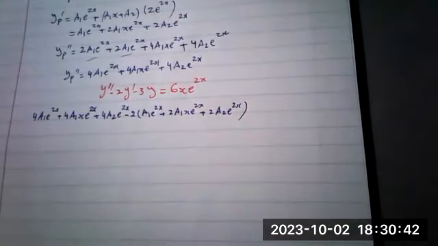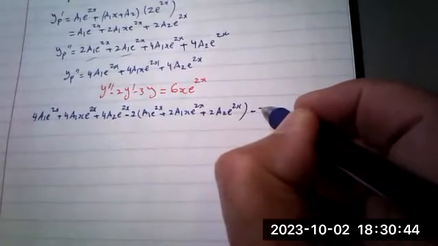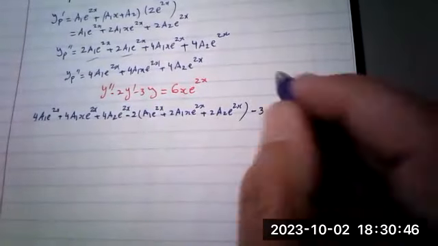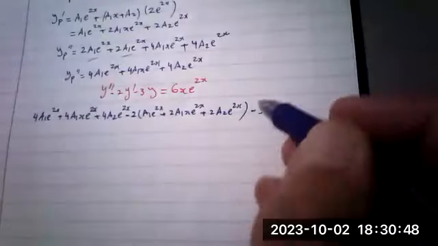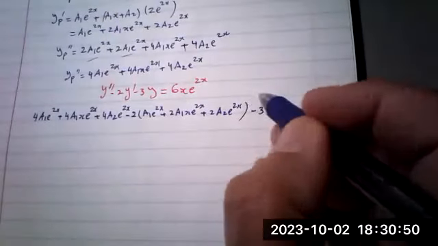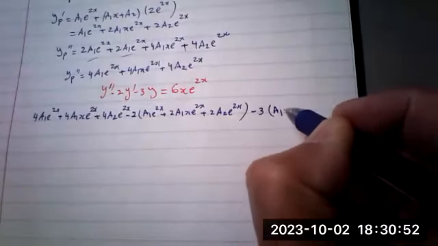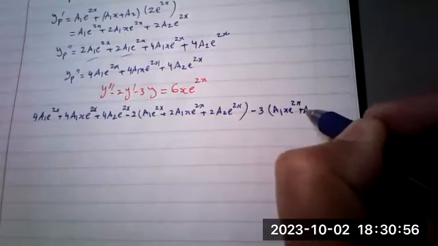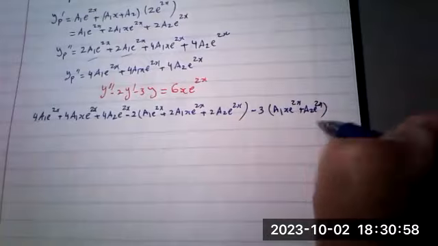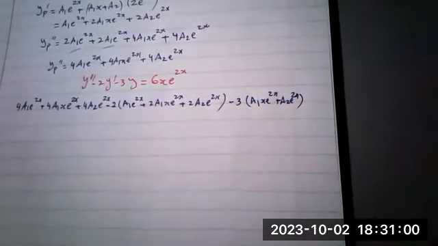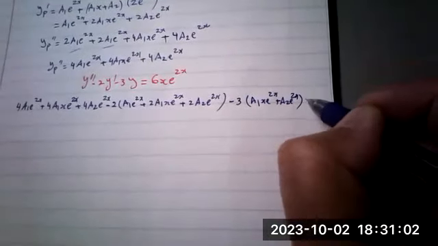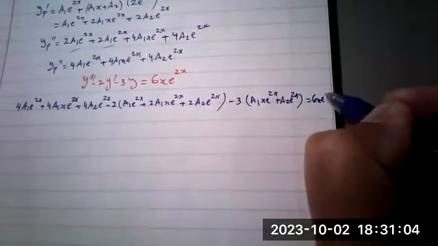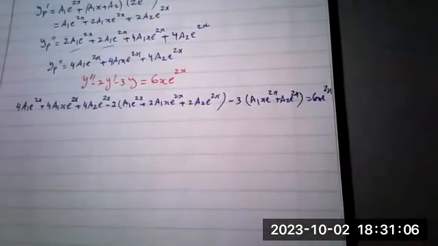And eventually y double prime minus 3 times y, this is y. So 3 times y would be 3 times a1x e to the 2x, plus a2 e to the 2x. And this is all equal to 6x e to the 2x.